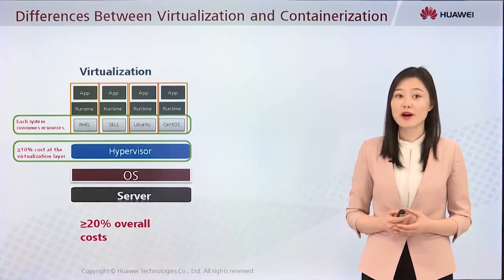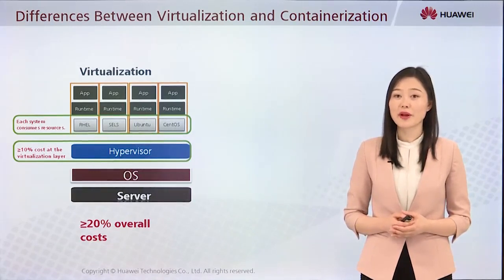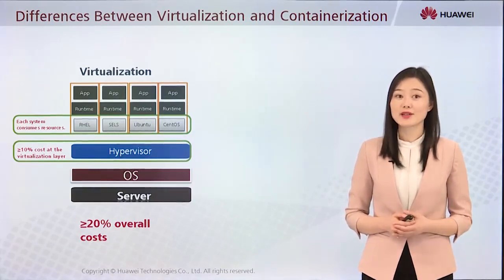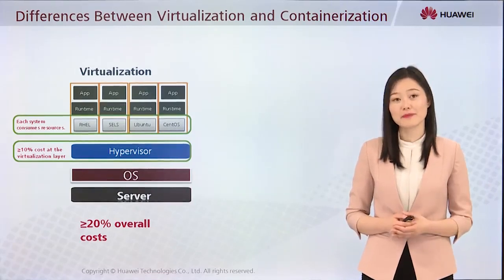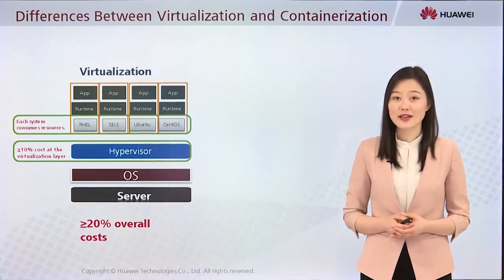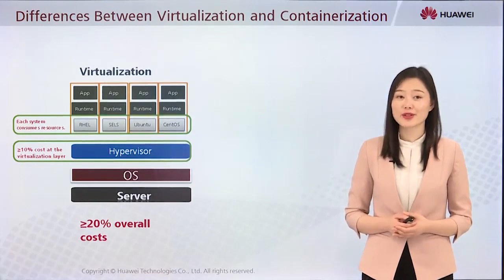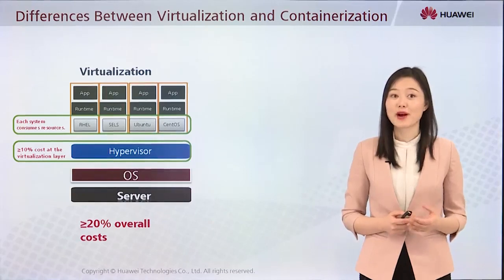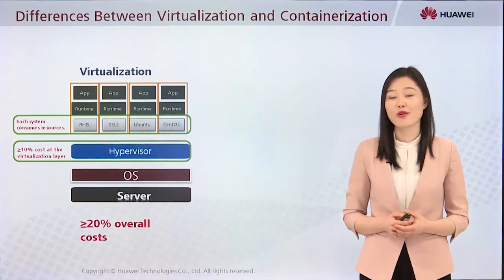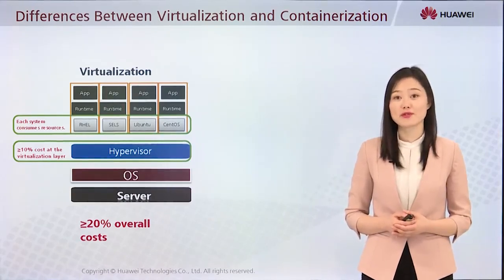Virtual machines running Windows or Linux operating systems reside on the virtualization layer, and applications run in them. So, with virtualization technology, each application requires an independent operating system, and running this system accounts for over 20% of the overall cost.